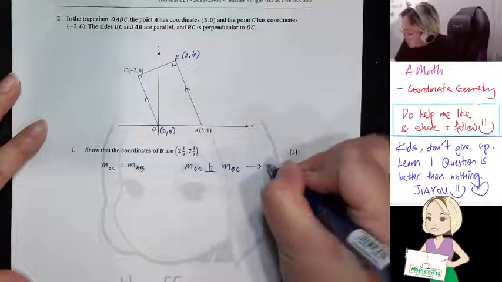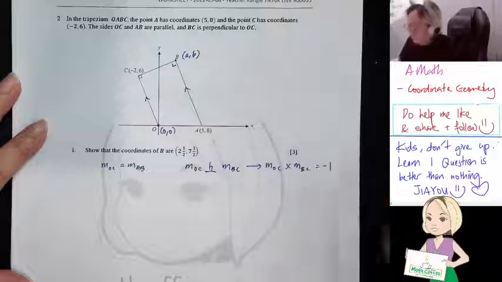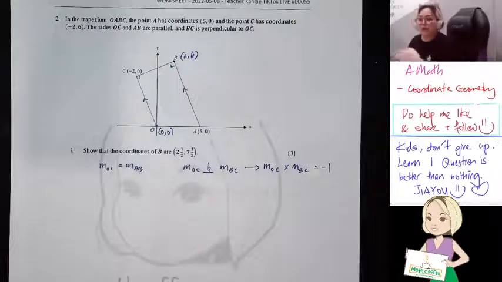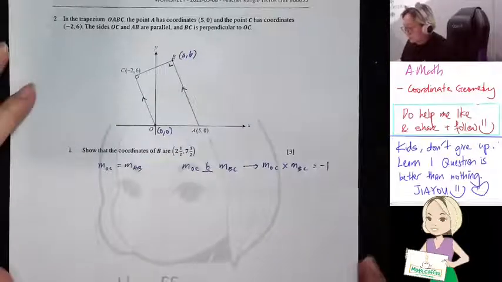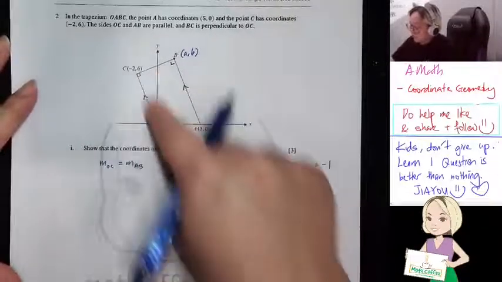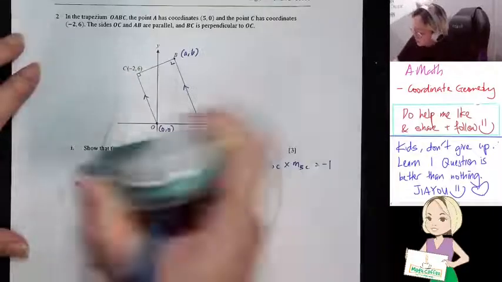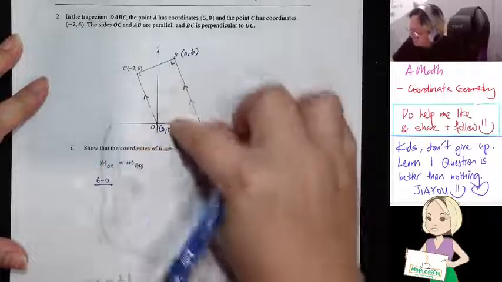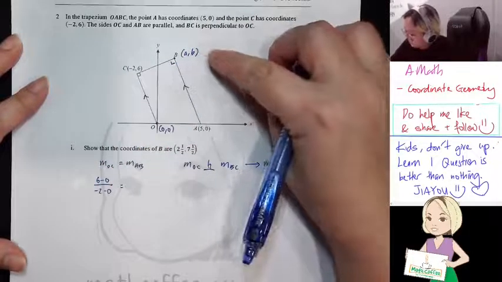In other words, gradient OC multiplied by gradient BC is equal to -1. So that's why I say this question is similar, but don't worry, part 2 behind is not the same. Okay, so let's find gradient OC. So my gradient OC will be 6 minus 0 over minus 2 minus 0 equals to gradient AB.